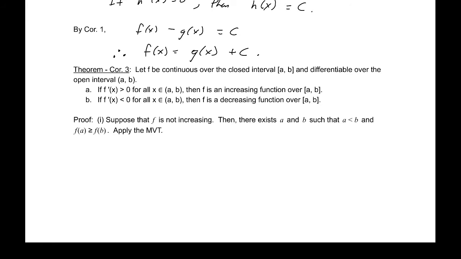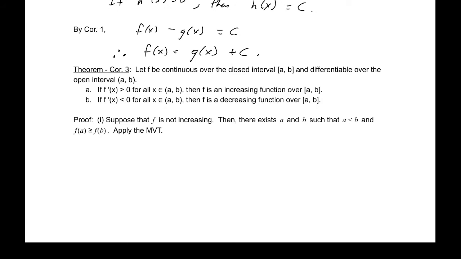It's very similar. So suppose that f is not increasing. So we're saying f prime of x is greater than 0, but f is not increasing. What if that's the case? Then that means there are some points, a and b, such that a is less than b, but the function value at a is greater than the function value at b.